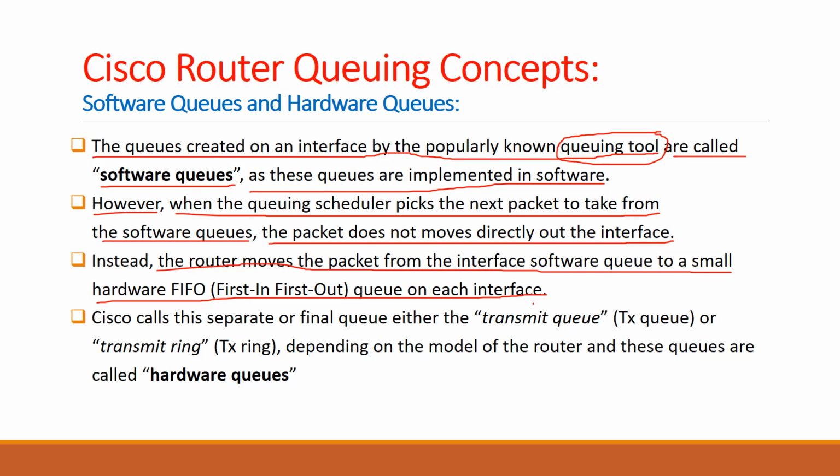It means that each router interface has two types of queues: software queues and a hardware queue. The hardware queue uses first in first out logic. There is no queuing on the hardware queue, but the software queues manage the packets by the queuing tool and give a specific quality of service to these packets.